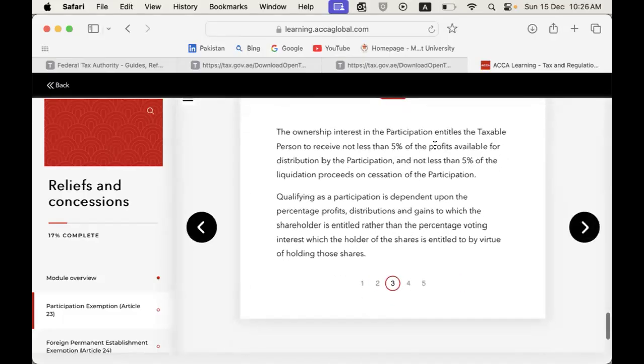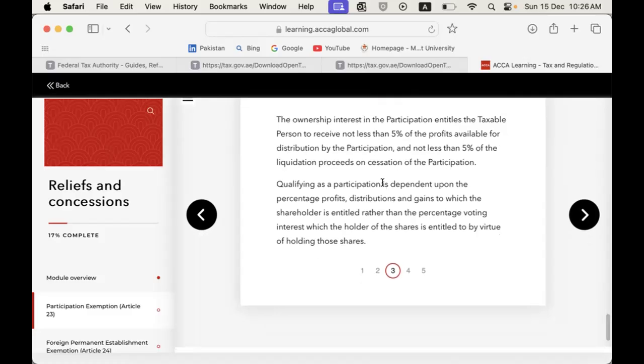The ownership interest in the participation entitles the taxable person to receive not less than 5% of the profits available for distribution by the participation and not less than 5% of the liquidation proceeds in case of liquidation of the participation. So these are usually referred to as distributive shares. It's a broad terminology, distributive shares.